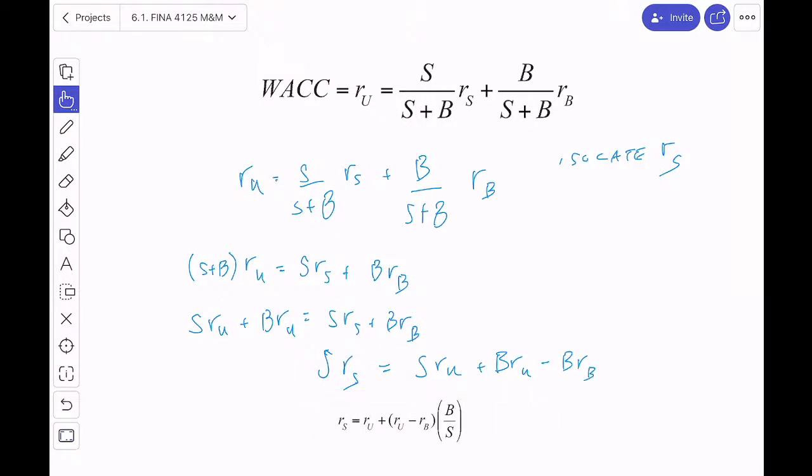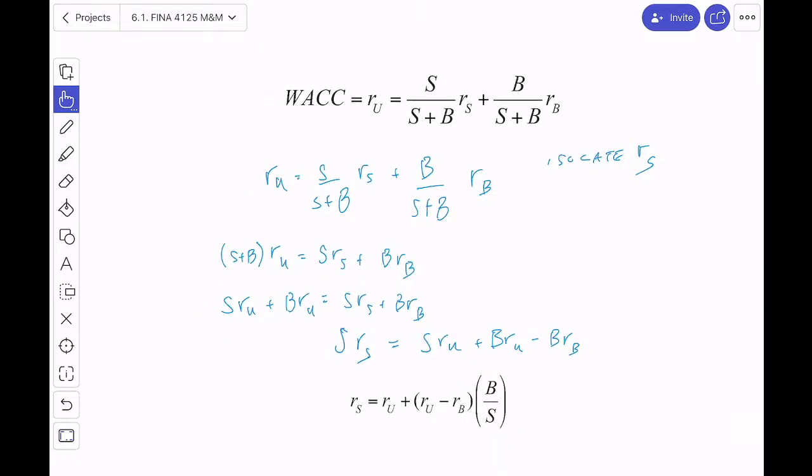So then if I divide by S, I'll get RU and then B over S in front of RU minus RB. Okay? So what does it mean?